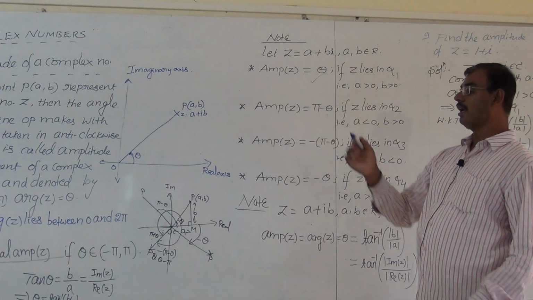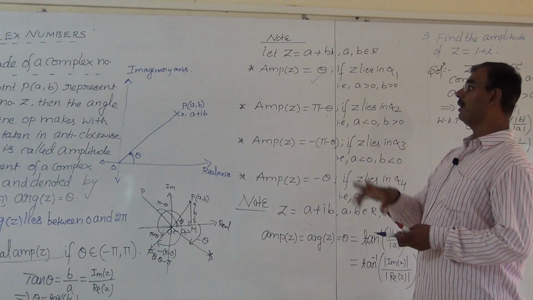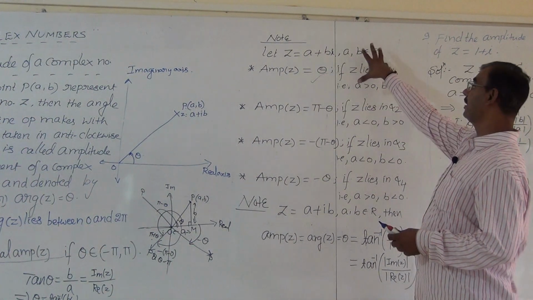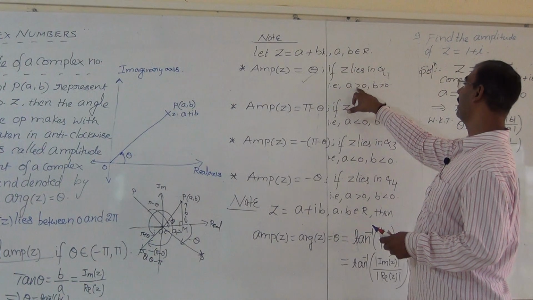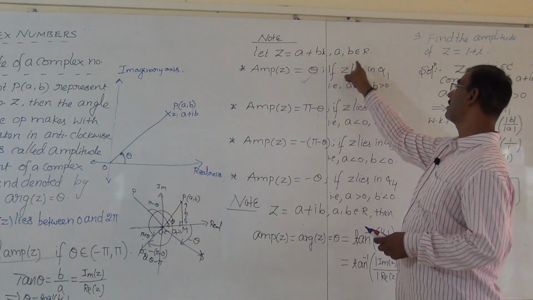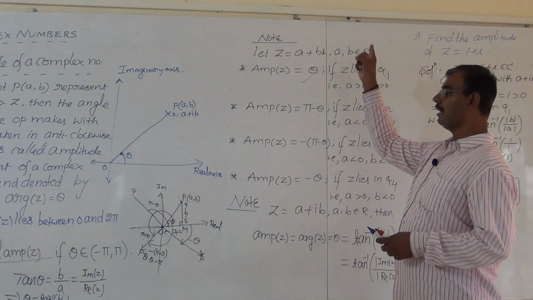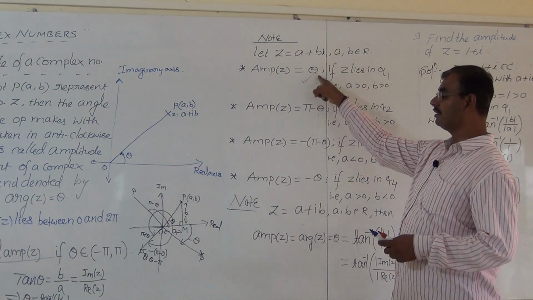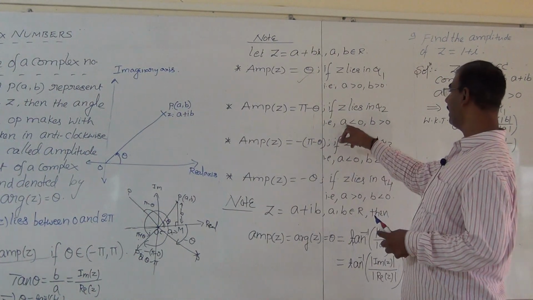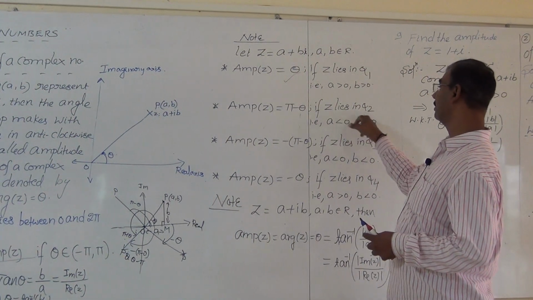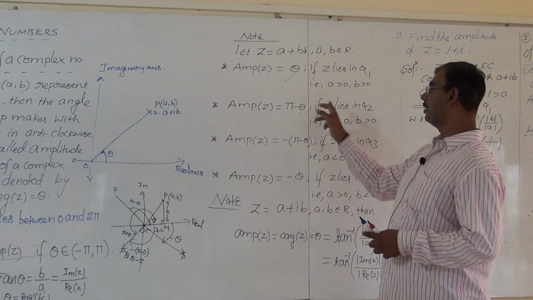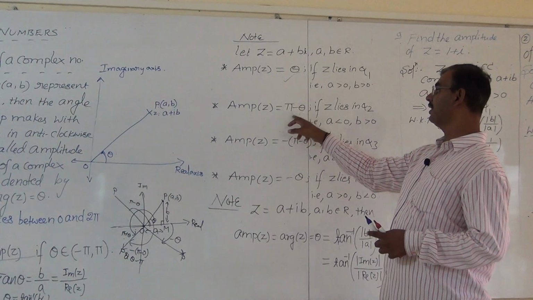Now, the amplitude of a complex number depends on the quadrant in which it lies. If A positive, B positive, then Z lies in the first quadrant. In the first quadrant, the amplitude of Z is theta, because it lies in the principal range. If A less than 0, B greater than 0, Z lies in the second quadrant. In the second quadrant, the actual amplitude of Z is pi minus theta.